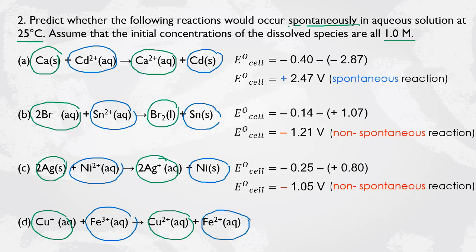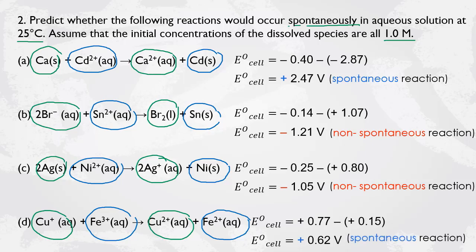So once we substitute the value of Fe of 0.77 and Cu with value of positive 0.15, we're going to get E naught cell equal to positive 0.62 volt. A positive value indicates E naught cell greater than 0, which means a spontaneous reaction will take place.